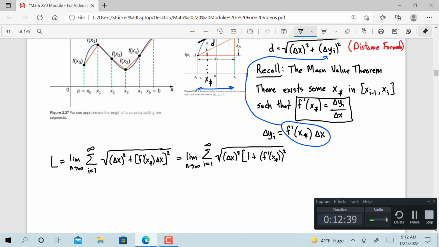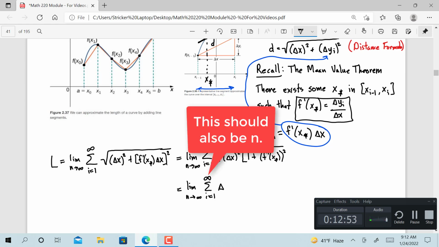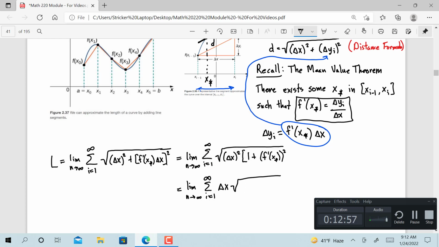And because the square root of delta x squared is just delta x, we can simplify this one more time. We can say this is the limit as n approaches infinity, we have our sum again, and then we've pulled out the delta x, leaving inside the square root 1 plus f prime of x star squared.